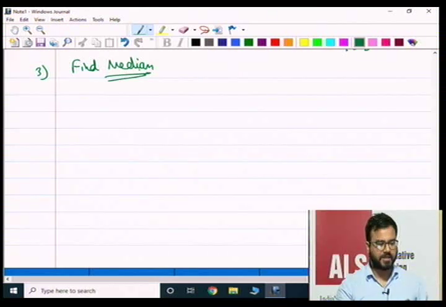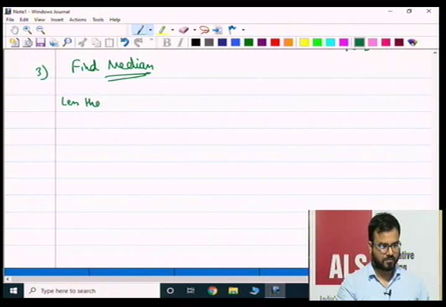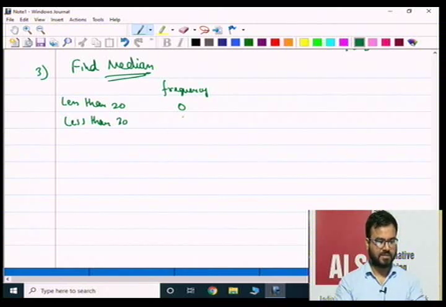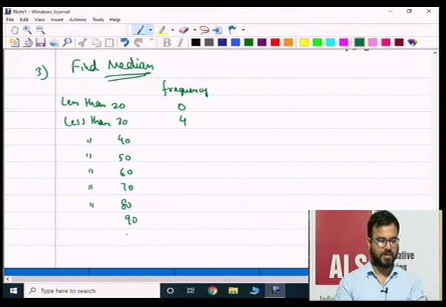If it is given something like this: less than 20 the frequency is 0, then less than 30 the frequency is 4, then less than 40, less than 50, less than 60, less than 70, 80, 90 and 100.